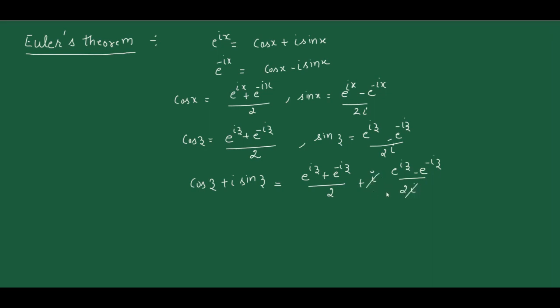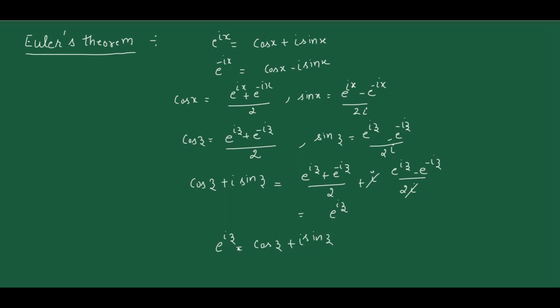You can cancel iota with iota and then add what you have, e raised to power iota z. So this is Euler theorem in case of when z is a complex number.